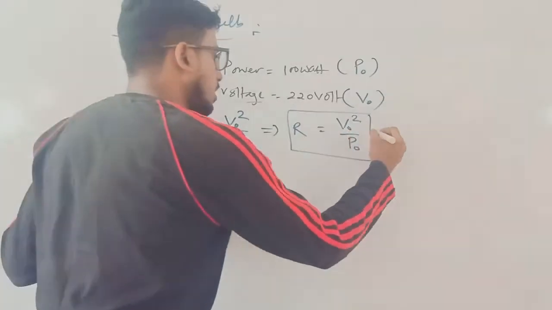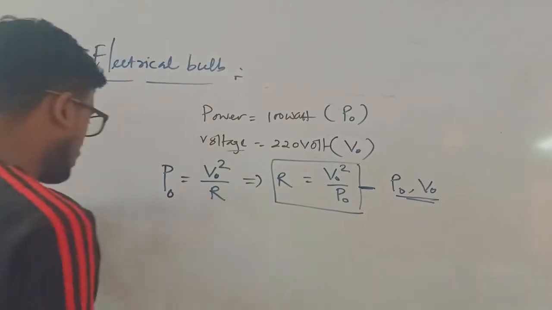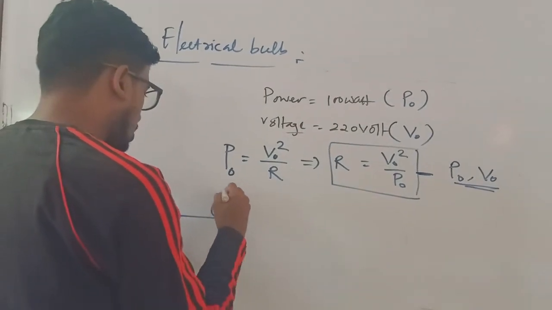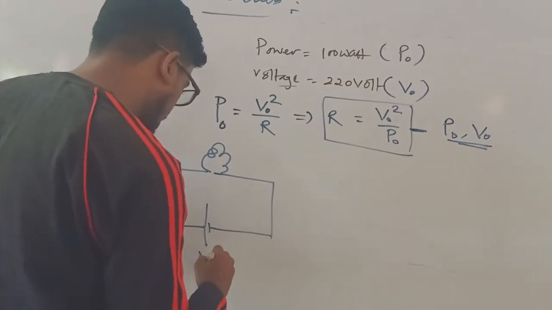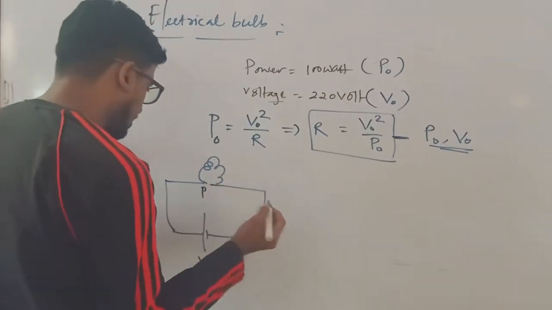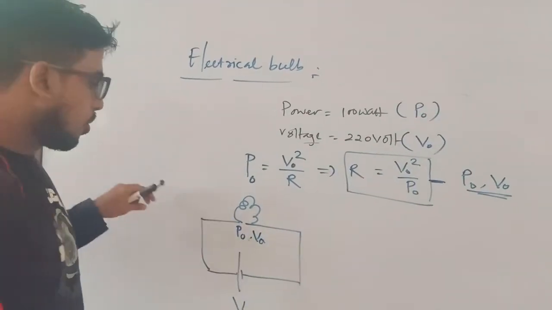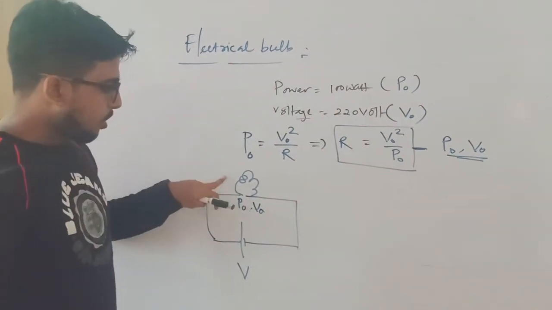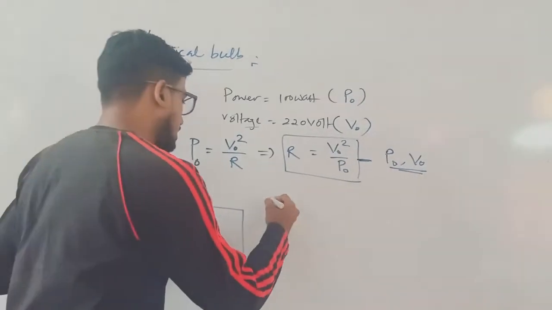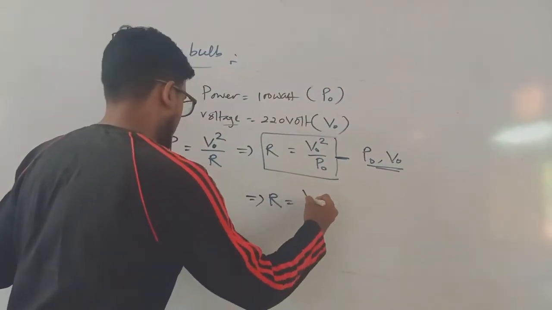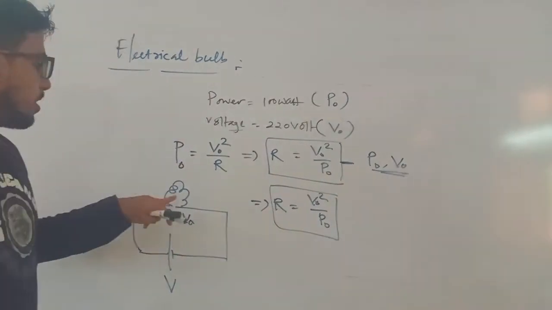Now suppose we operate this bulb, which has P naught power and V naught voltage rating, across a circuit which provides a potential difference V. What will be the power consumption by this bulb if we connect it across a potential difference V? As we know, the resistance of the bulb is V naught square by P naught. It will remain fixed because we are not changing the bulb.